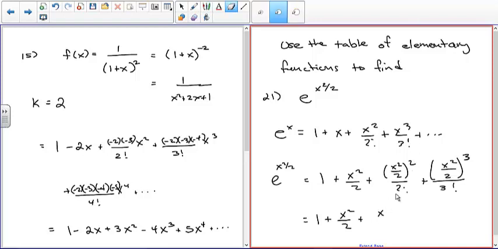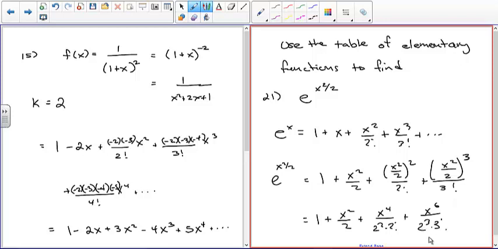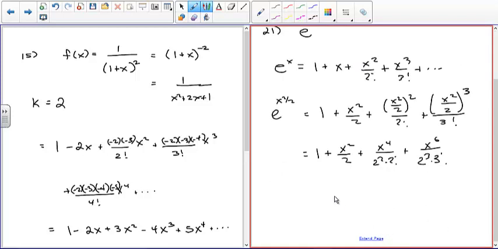And you could simplify that down to 1 plus x squared over 2 plus, why am I squaring it? Oh yeah, x to the 4th over 2 squared times 2 factorial, and then you'd have x to the 6th over 2 cubed times 3 factorial. And you could probably come up with an expression.